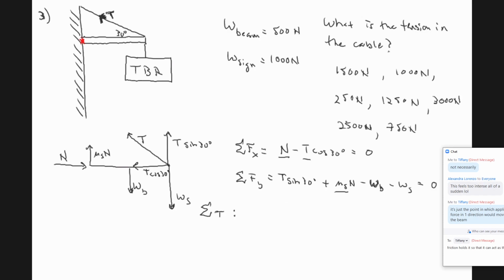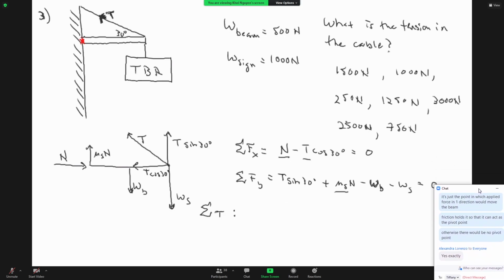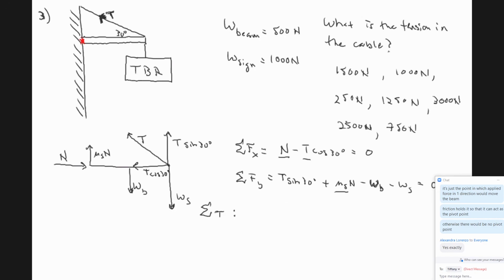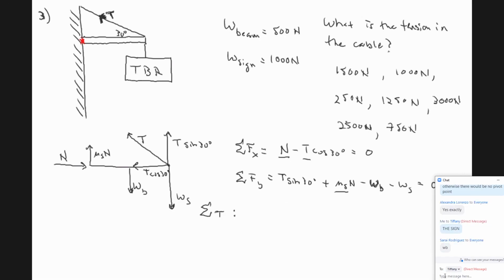Just because we use the scary word of torque, the T word, don't worry. We're going to use what we've been doing this whole time: counterclockwise minus clockwise equals 0. So which force is going to create counterclockwise rotation, in terms of the up arrows?